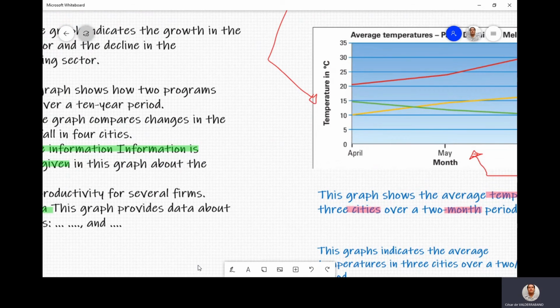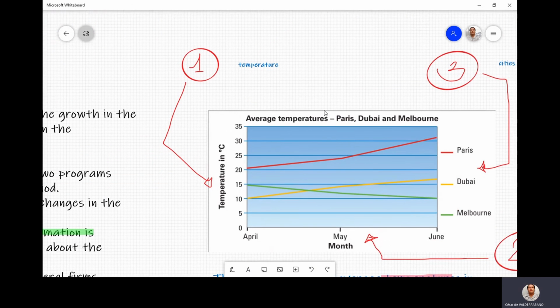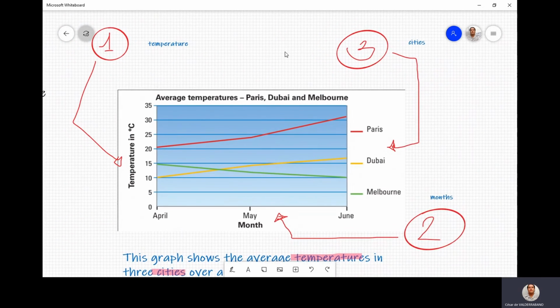Now, if we go straight to this graph, you can see the 3 indicators. We need to know the 3 indicators for the graphs. There are always 3 indicators. Sometimes there could be more, but they are kind of complex graphs. Number 1 here, you can see it's temperature.